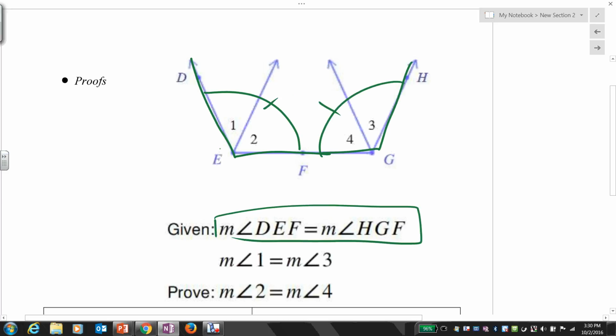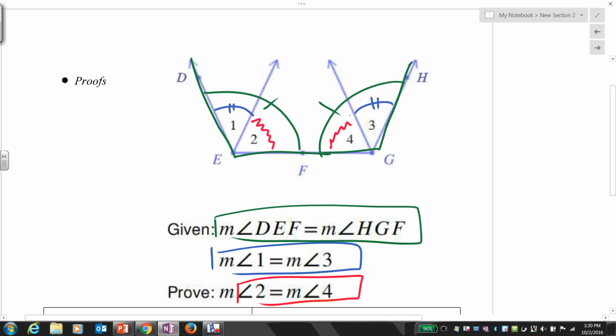It's going to be green. We are also told that angle 1 and 3 are equal. Double hatch, it's your second set. We're trying to prove or connect or explain why, in this case, 2 and 4 are equal. Why?